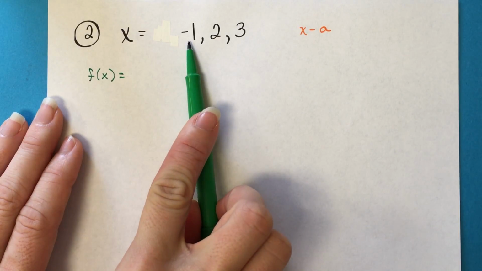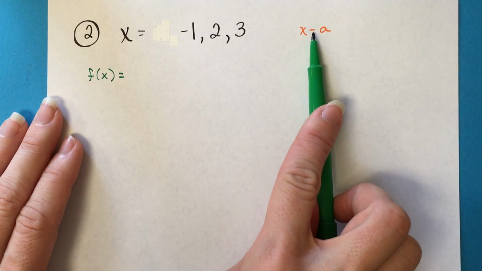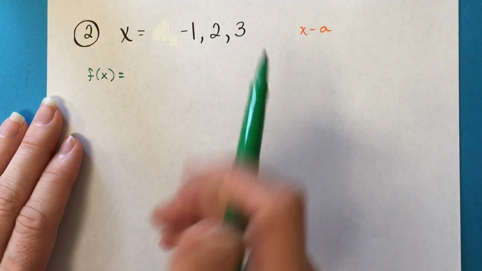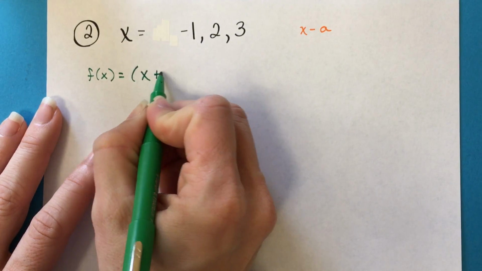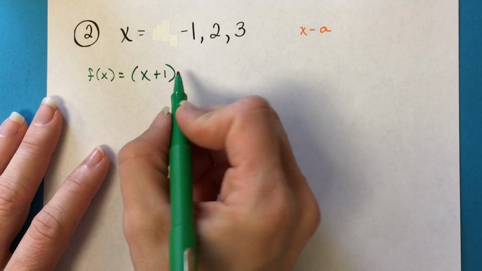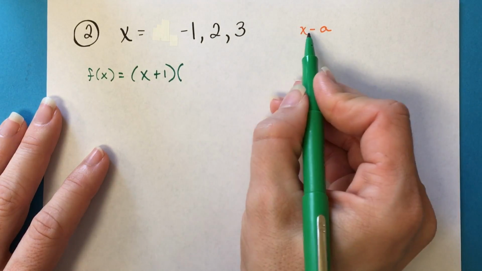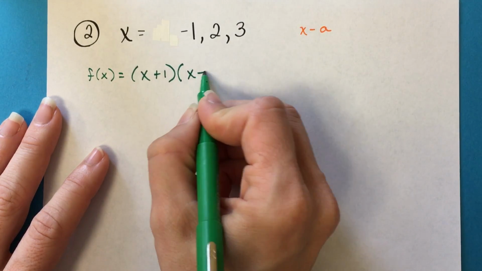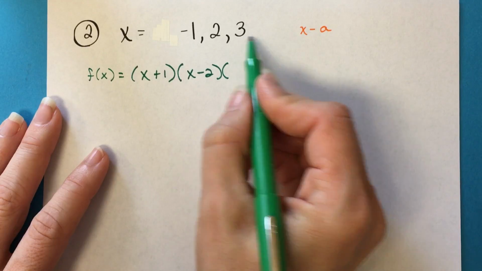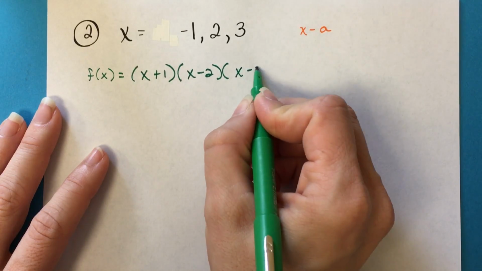So first of all, I've got the -1. That would be minus -1, so we can change that to be a plus. And then I do the 2, so that'd give me x minus 2. And then I'd have the x minus 3.